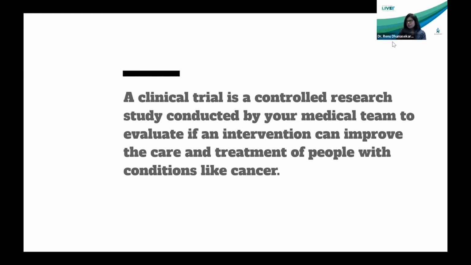Some of these words are important. This is a controlled research study, so we are really controlling several aspects of this, which I will explain more. There is a whole medical and pharmacological team that's involved in this. And our big goal here is to ultimately improve the treatment of patients with cancer and, of course, find a cure.